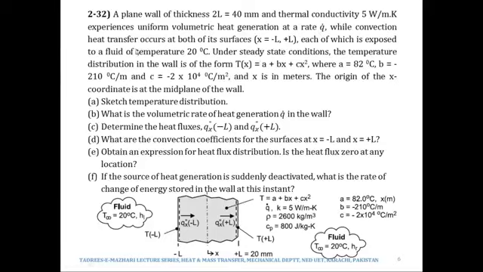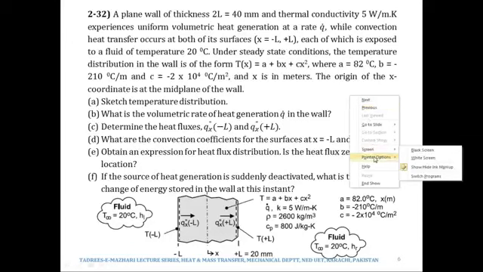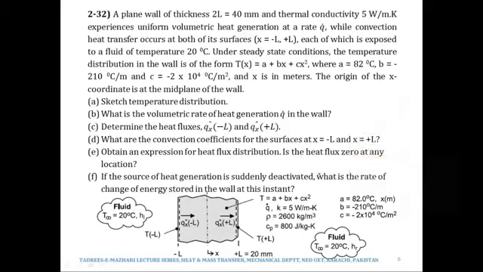While convection heat transfer occurs at both of its faces at x is equal to minus L and plus L. Now it means that this face is at minus L, as you can see over here, and this face is at plus L, not the edge, rather the whole face.